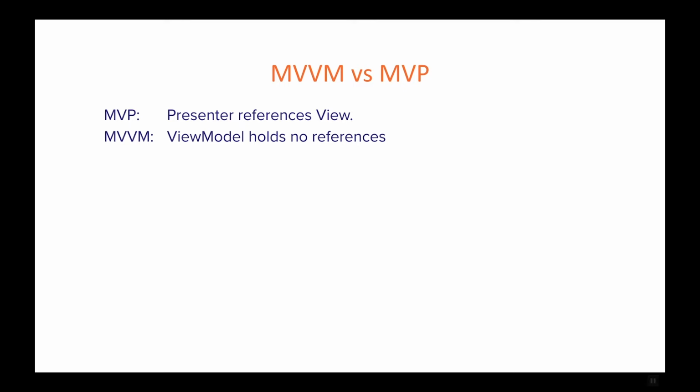The most important change is that the presenter references the view to transmit data directly, so to call functions on the view. However, the ViewModel holds no reference to the view, okay? So the ViewModel doesn't care who subscribes to its events. It simply provides that as a data source that a view or multiple views can connect to.